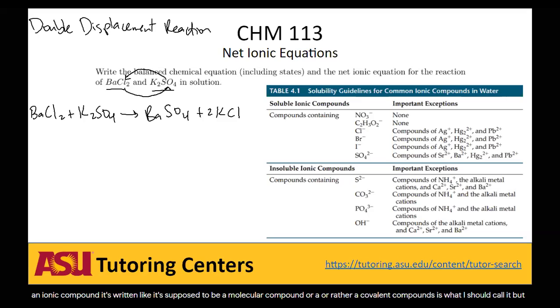This double displacement reaction. Now the next thing we need to do is know the states of these things. That's written in the problem, including states, but it's also just necessary to know in order to do the net ionic equation of this reaction. So we will use our table to the right over here to determine the states of all these things.